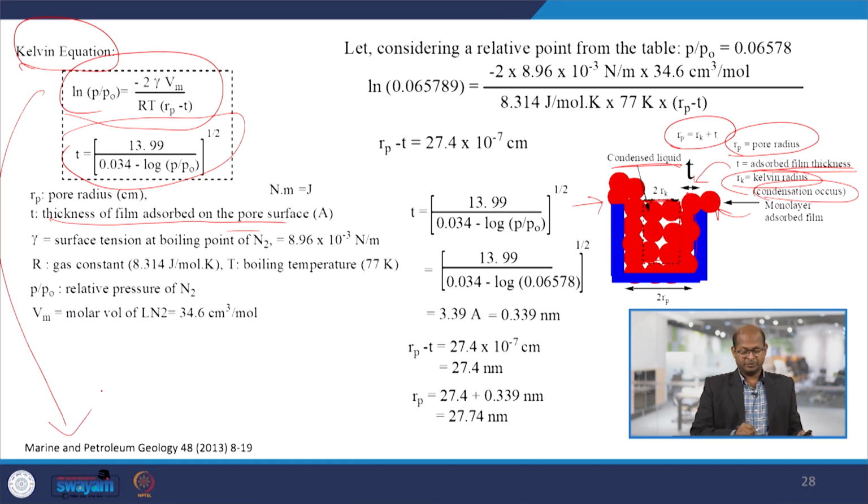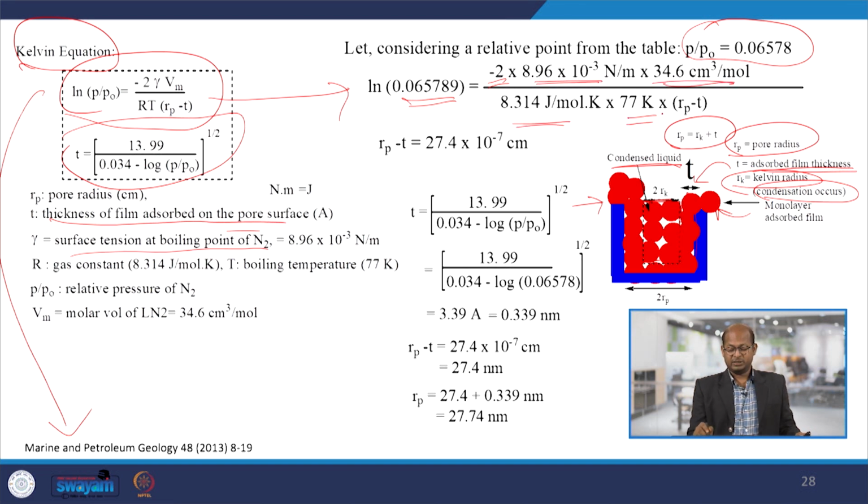From there we have taken and calculated, first for, let us say, P by P naught equal to this. At this particular pressure, using these equations, we put P by P naught is this, minus 2, this is the surface tension of nitrogen at its boiling point, and the molar volume is this, and R and temperature we know.